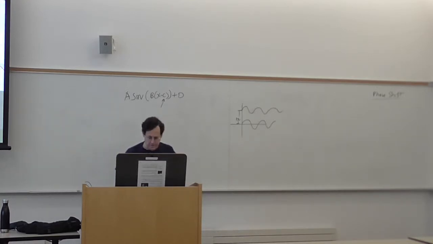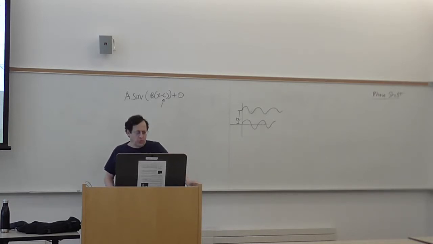Maybe I should do this as 2 functions here. So sine of x is 2 pi. Let's see what happened there. We shift a periodic function over its period back.